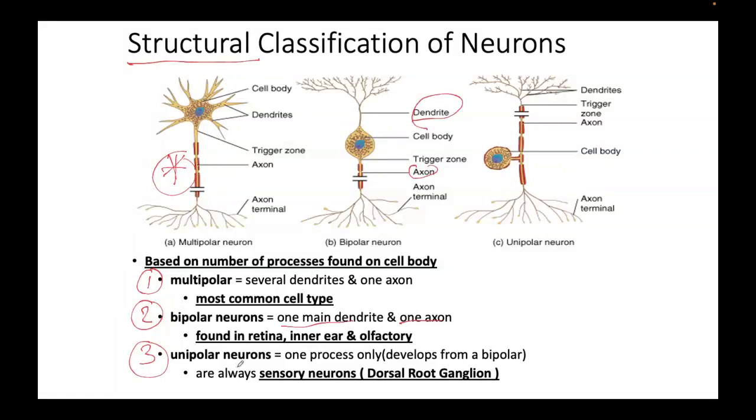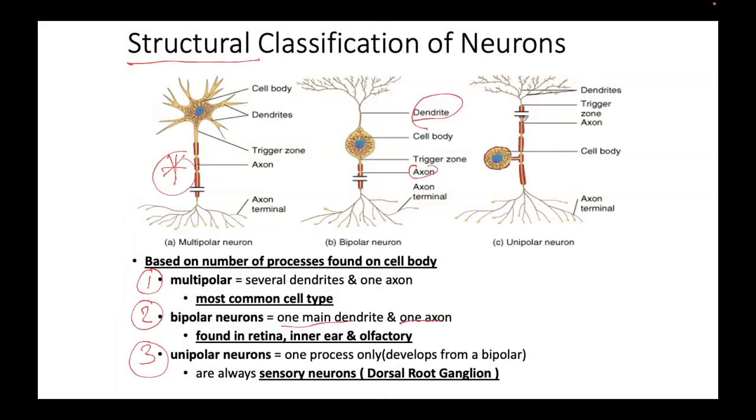Now, unipolar starts out like this. It starts out like this bipolar, but what happens is this cell body right here pinches off. When the cell body pinches off and pinches away, this is what it becomes. It becomes a unipolar.